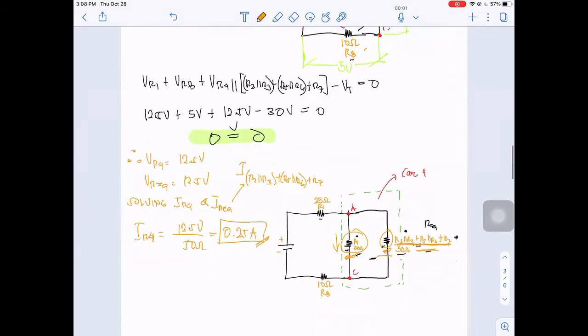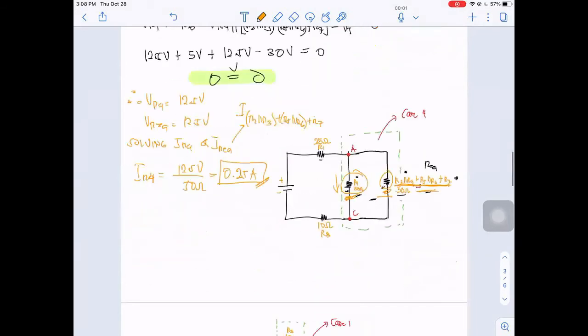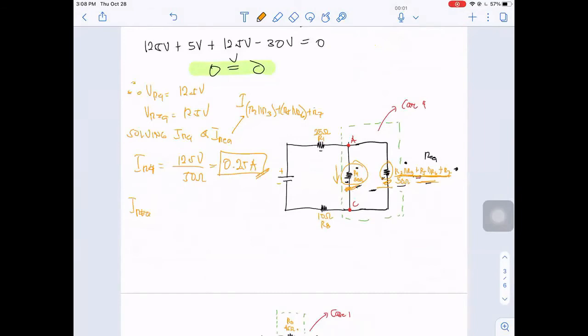And for the REQ equivalent circuit, we have 12.5 volts all over 50 ohms, so it is still equal to 0.25 ampere. So this is now the current that is flowing here and also the current that is flowing here.